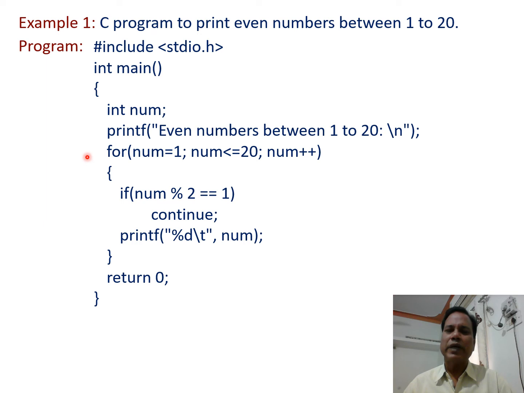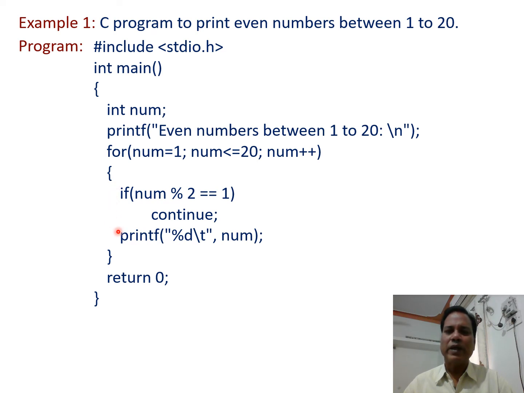The next statement is the for statement. So for num equal to 1, num is initialized to a value of 1, then the condition is tested. This condition is true for the value of 1. Then control goes inside the body of the for loop.